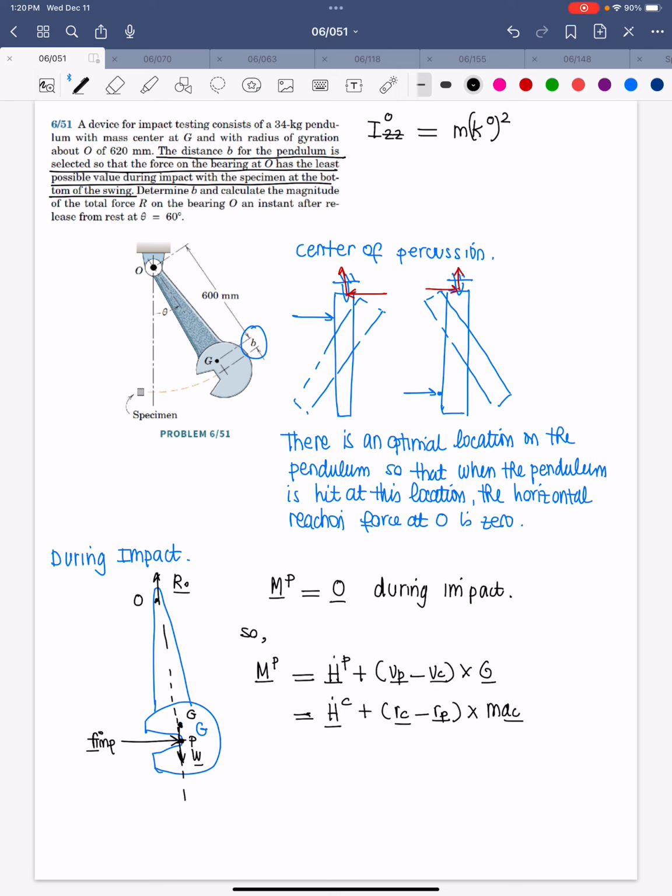If I use this form of the equation, and I have M_P equal to 0, then I have 0 equal to H dot C plus (R_C minus R_P) cross M A_C.